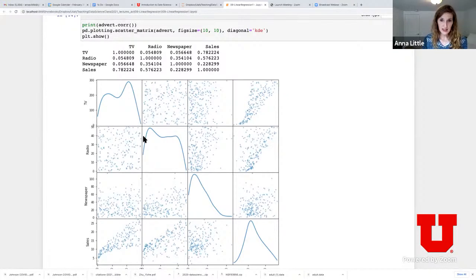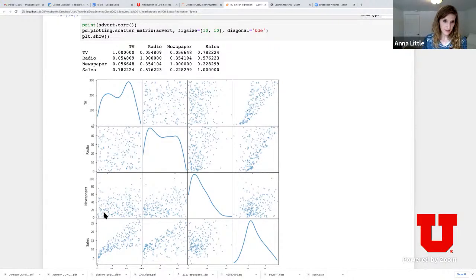So we can see here the pretty strong relationships between TV and sales, and also between radio and sales. And then also, I don't know that I would say it's like a real correlation, but there is a correlation between newspaper, right?